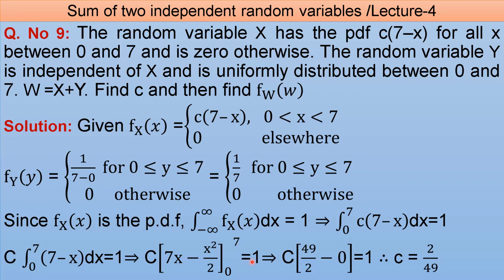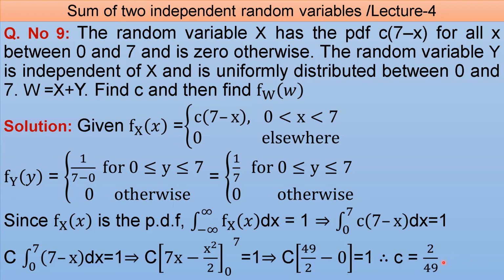So take the difference by putting x as 7. It will be 7 into 7, 49, minus 7 square by 2, that is 49 by 2. 49 minus 49 by 2 is 49 by 2, minus putting x as 0, the whole bracket is 0. So c into 49 by 2 minus 0 will be equal to 1, or c will be 2 divided by 49.